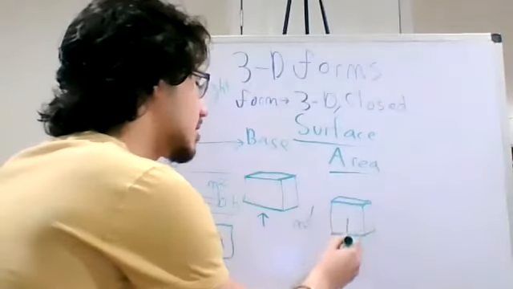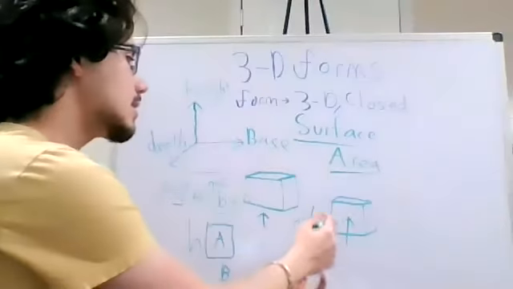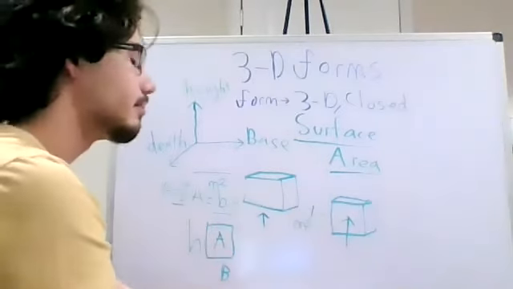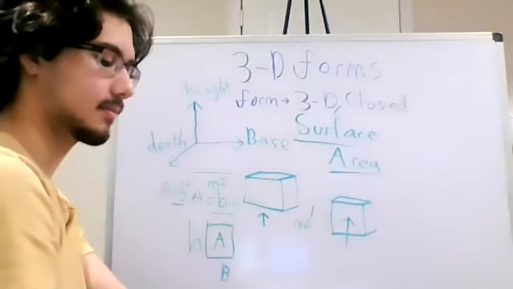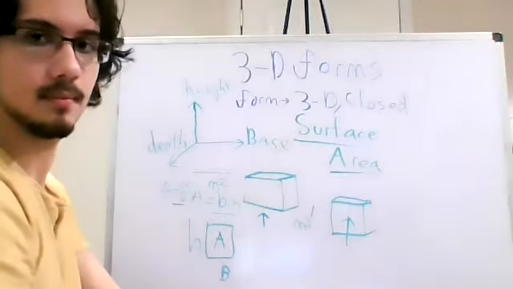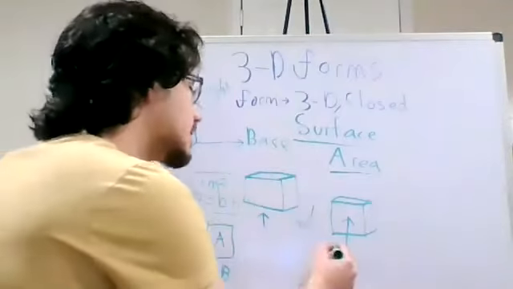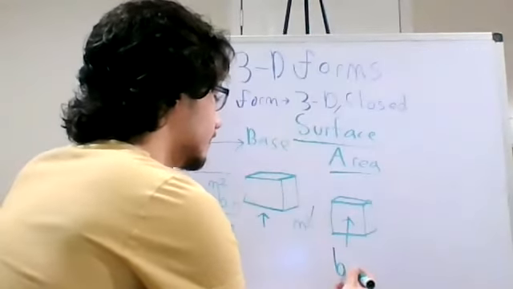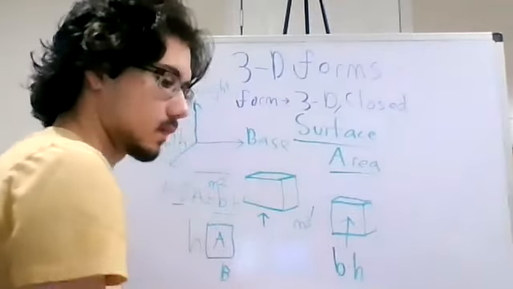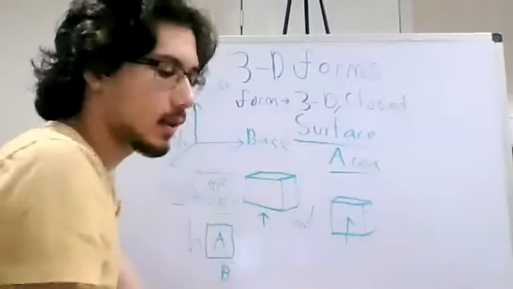What is one of the surfaces shaped like? A square. Very good. So because the surface is a square, what would the area be? Length times length. Very good. So either length squared or base squared or base times height. Or in other words, as you said, length squared.